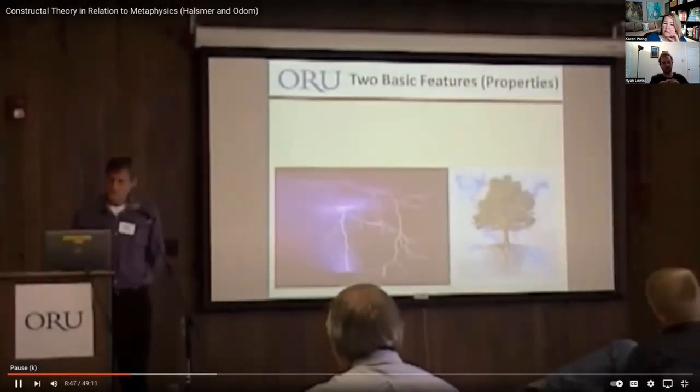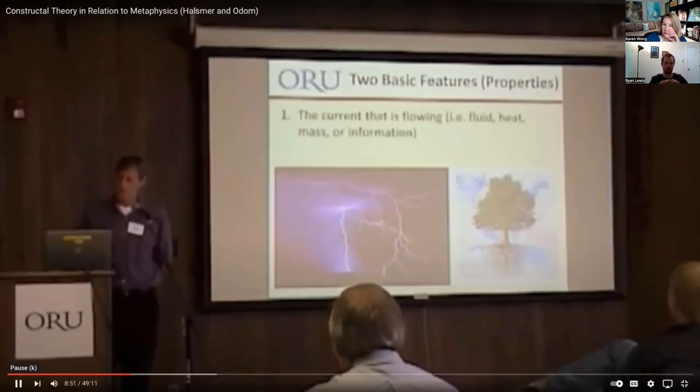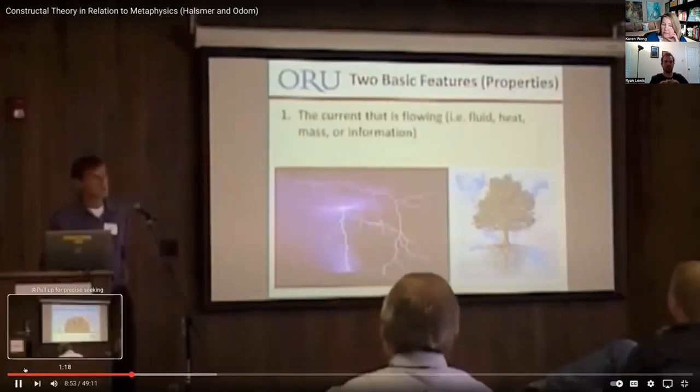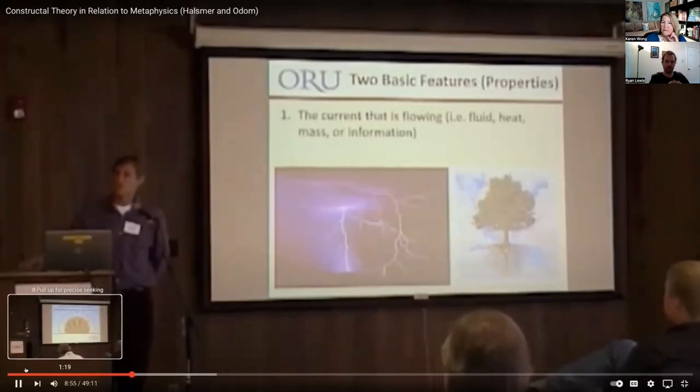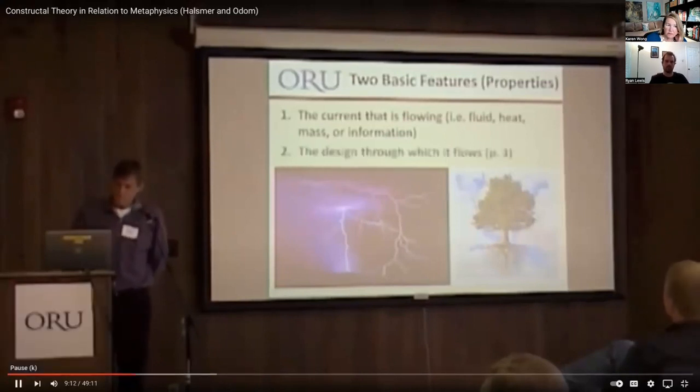These flow systems have two basic properties that we need to think about. One is the current. What is the current that's flowing through it? It may be fluid or heat, mass, or Adrian Bejan is very ready to consider abstract flows, such as ideas, the flow of information. And so he's not opposed to thinking in the flow of non-material objects too.